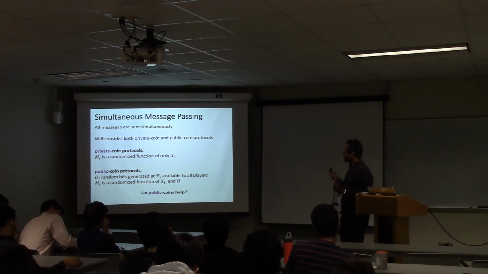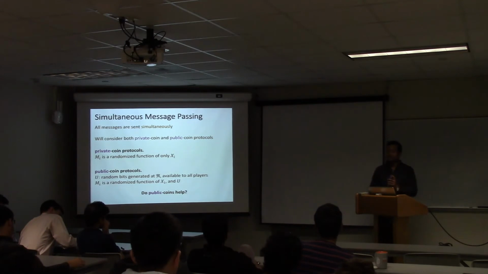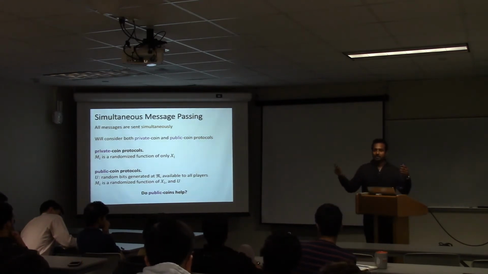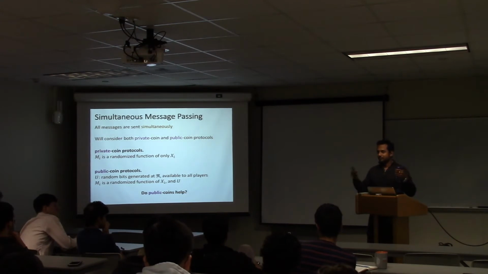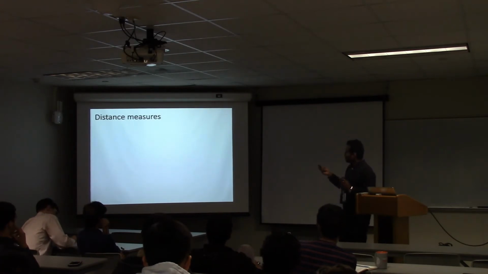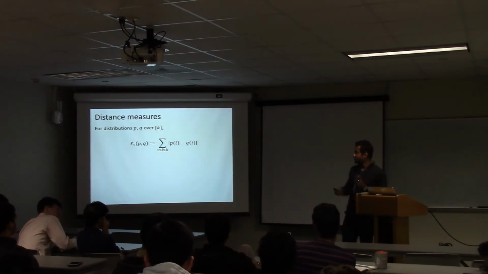Great. One of the questions that we'll study is, do public coins actually help in some nice looking simple task? Can we show a gap or a clear help that public coins can give? We are going to look at estimation or testing, and for these kinds of problems we have to define some distance notion between distributions.